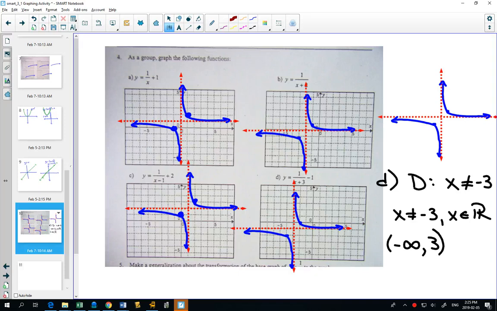So we put a round bracket for a value that's not included. And then it starts again at -3 and goes all the way to infinity. When you have two different intervals, they're joined with a union sign in between, which means or. It's from negative infinity to negative 3, and then from negative 3 to positive infinity.